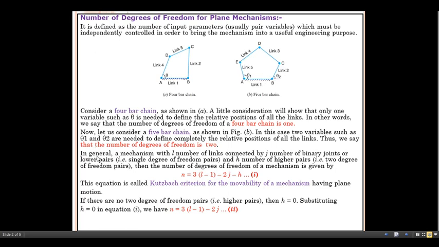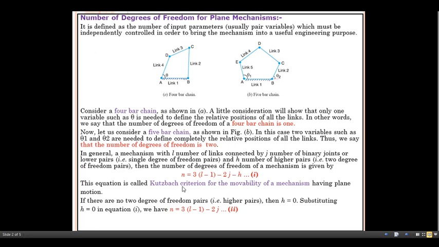So for this, the general relationship depends upon the number of links, the number of joints, and the number of higher pairs included in the given mechanism. We can get that relation with the help of this formula: n equals 3 into (L minus 1) minus 2j minus h, where j is the number of joints, h indicates the higher pairs, and L indicates the number of links.